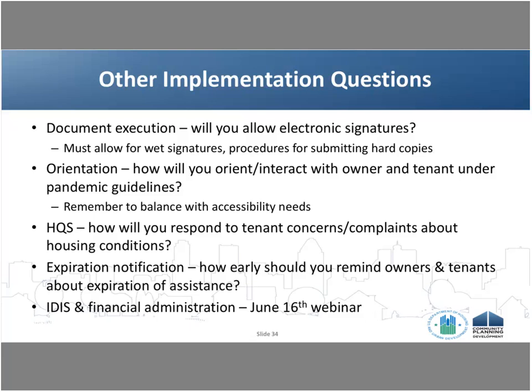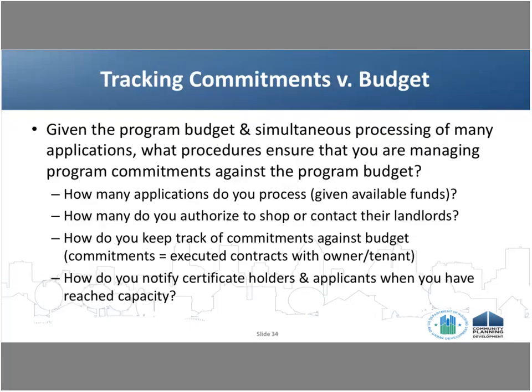The one that I do want to talk about here is to just remind you that this is a fast-paced program. You'll be allocating money quickly in a short amount of time with lots of small commitments and potential commitments floating out there.